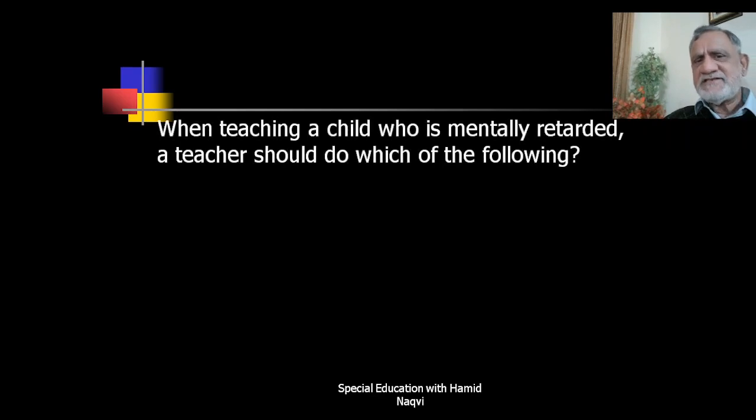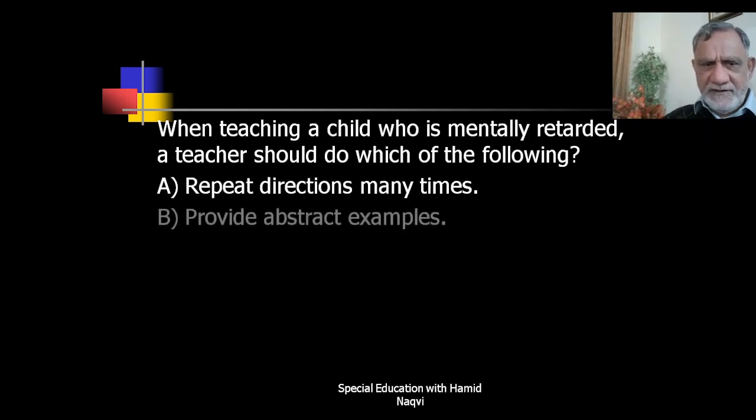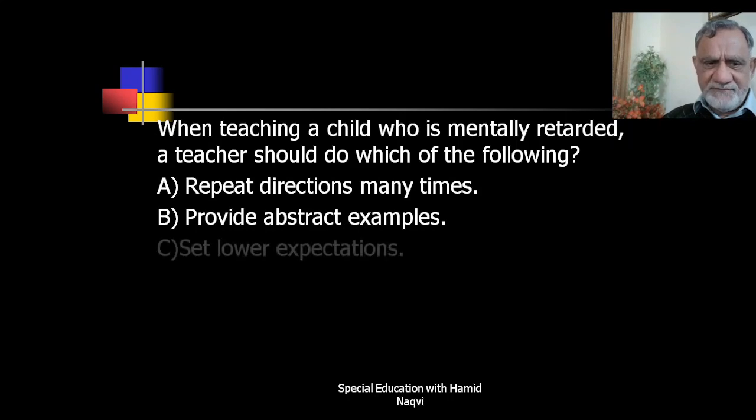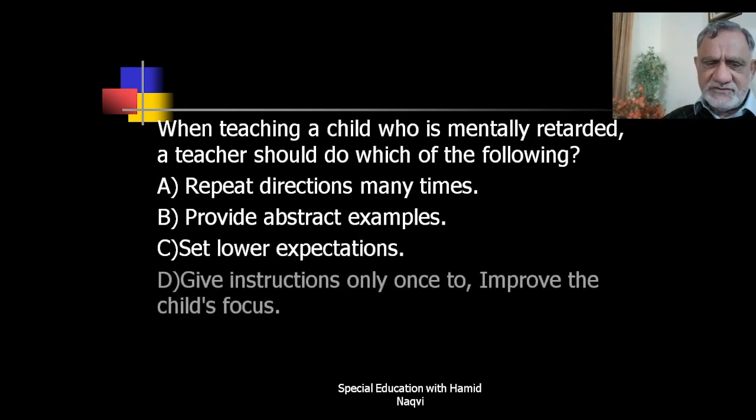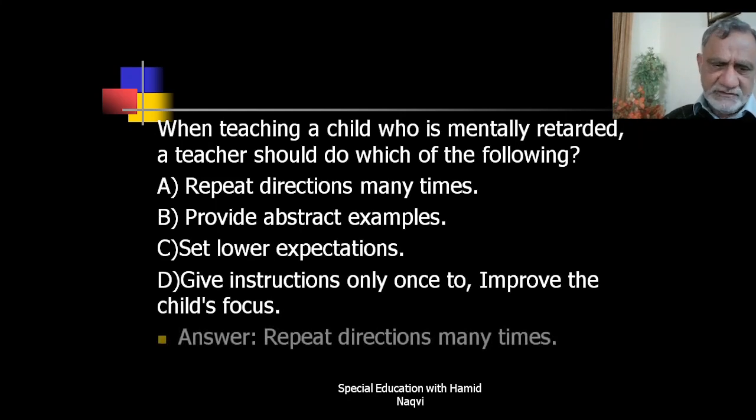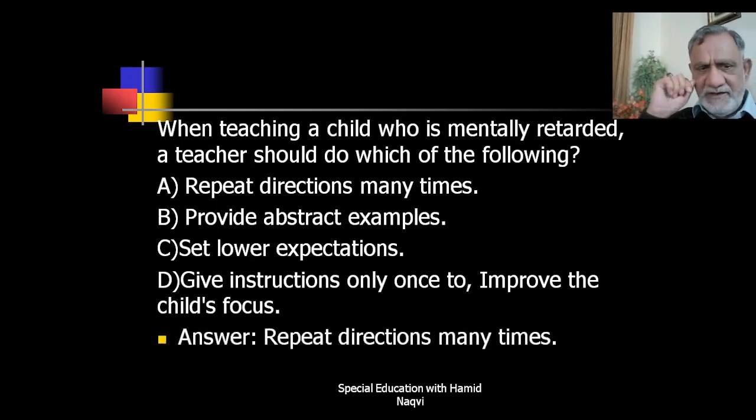When teaching a child who is mentally retarded, a teacher should do which of the following? Repeat directions many times, provide abstract examples, set lower expectations, or give instructions only once to improve the child's focus. The correct one is the first one, that is repeat directions many times.